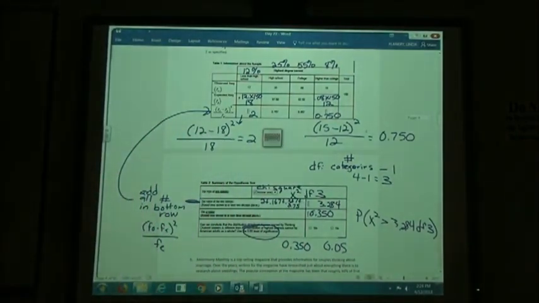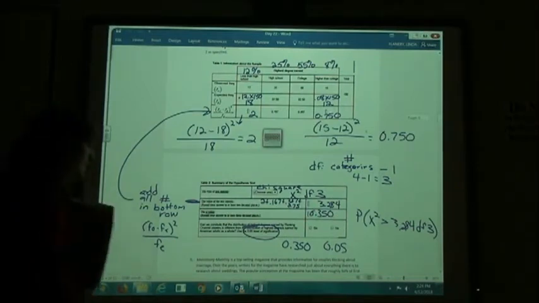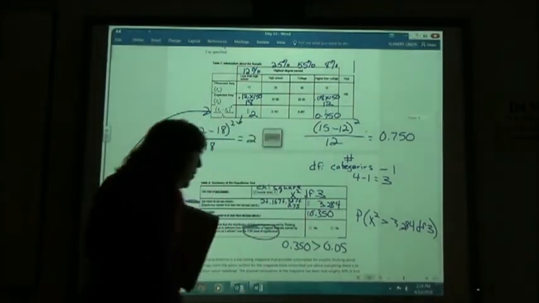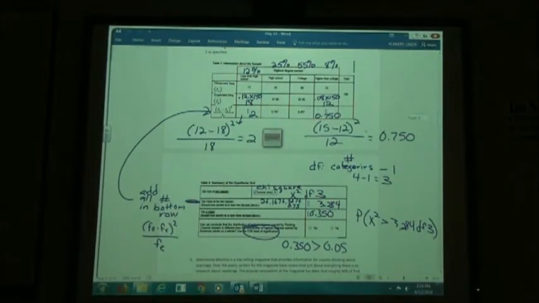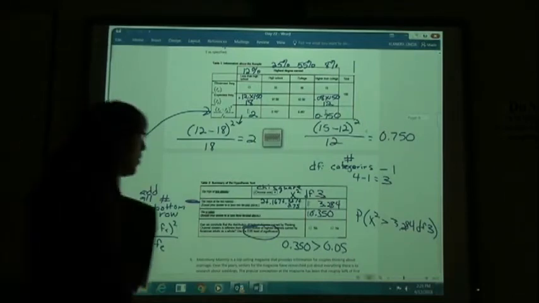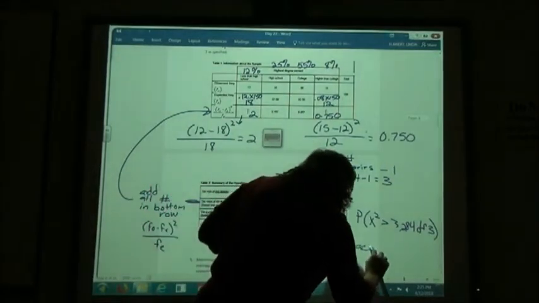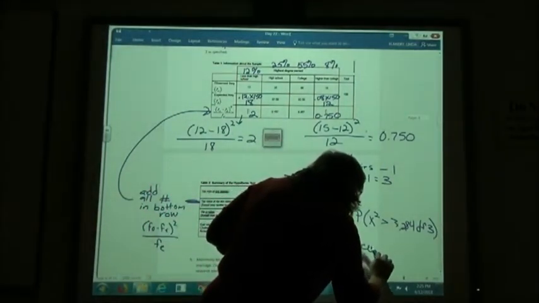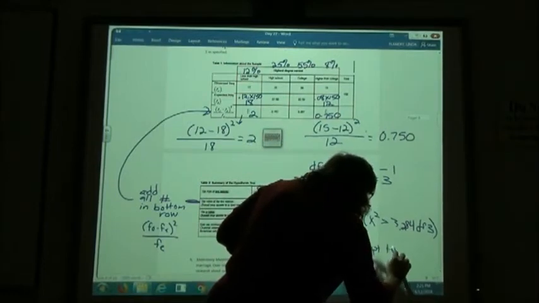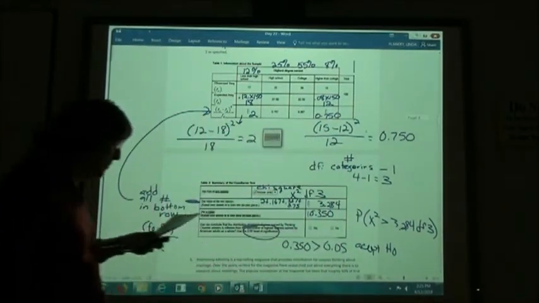Well, we can obviously see that it's greater, right? 0.350 is greater than 0.05. So, as we did before with the p-values, if my p-value is greater than my level of significance, we want to accept the null. We're going to accept the null.